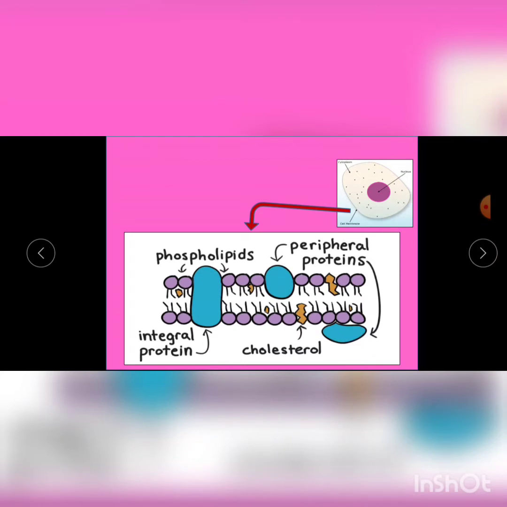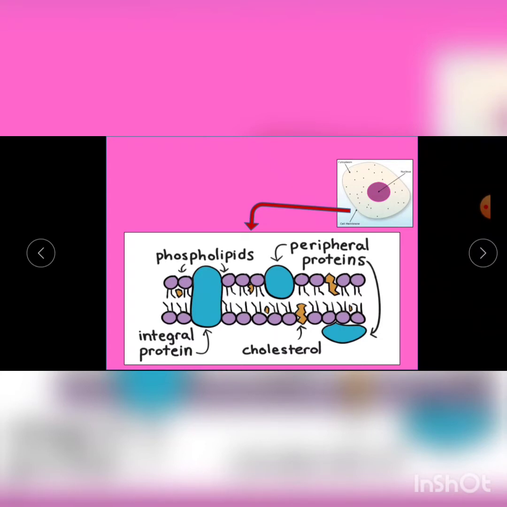Then it may have some cholesterol in between, and these phospholipid heads, you can just imagine they are attached to each other, but they are not tightly bonded to each other, so they can move, and hence the shape can be changed, especially in the case of amoeba.